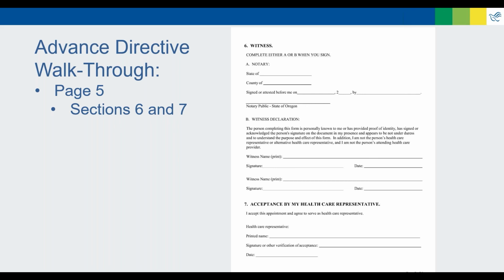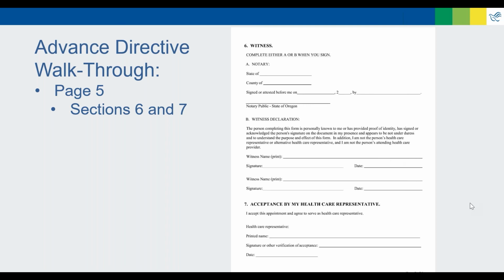The witnesses cannot be your healthcare representative, and they cannot be your attending healthcare provider. The notary would provide their signature and a stamp. Witnesses would provide their signature and the date along with their printed name.